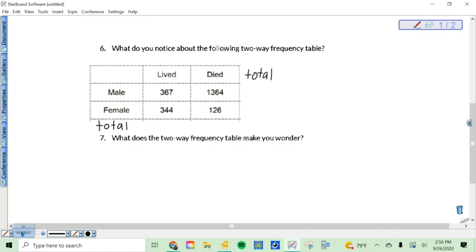Like, why did so many more men die? If you look at the back of the paper, maybe it'll give you a hint as to what it's about. Yeah, that kind of makes sense. So don't quote me on the accuracy of this because I pulled it from the internet, and we all know how accurate the internet is or isn't at times, right? But this is supposedly from the Titanic.